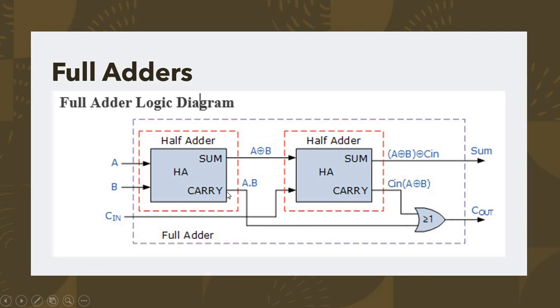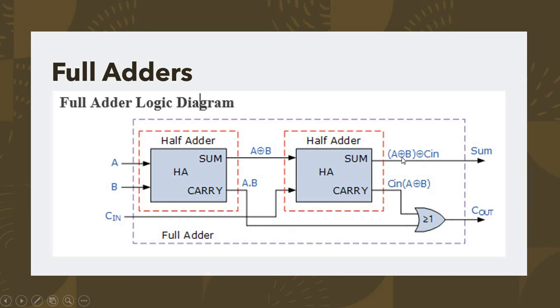And of course, as I've said, inside your half adder is a combination of an XOR gate and an AND gate. That is why, if you look at the output here, C-in is being ANDed with A XOR B. It is XORed twice because this one is the first half adder and this one is the second half adder. The output of the first half adder is cascaded to the next half adder.